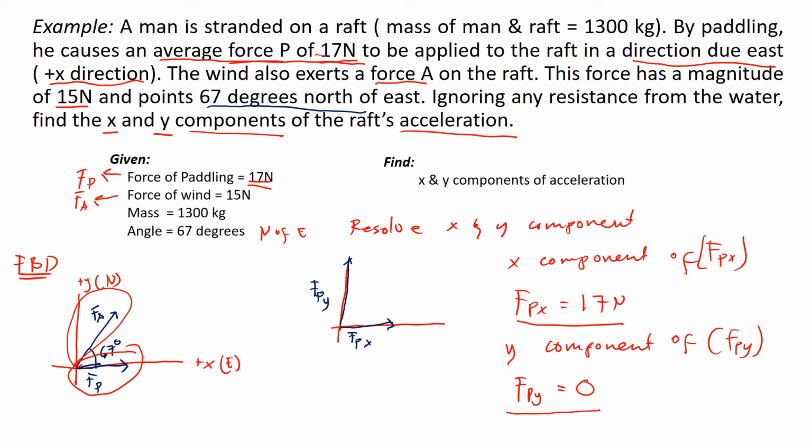So we've done analyzing or resolving the x and y components of the force of paddling, and now let's resolve the force of the wind. Let's isolate this force here, or the diagram here. To solve for F sub Ax, we're going to copy again the diagram.